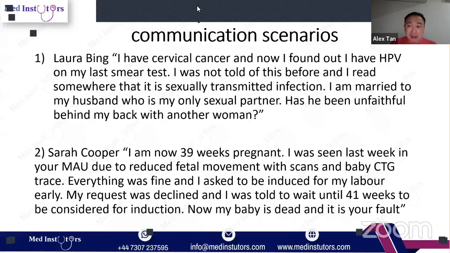I've been through the notes myself. I've discussed it with my consultant and my team members. And as much as I agree with how you feel, I must legally inform you that everything was done within the right reasons and the right indication.